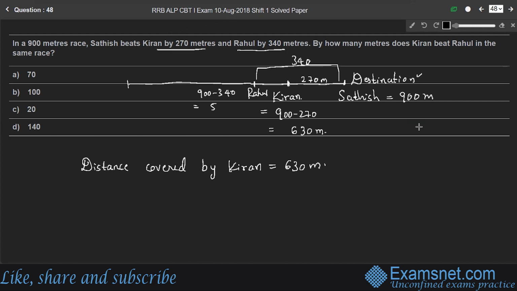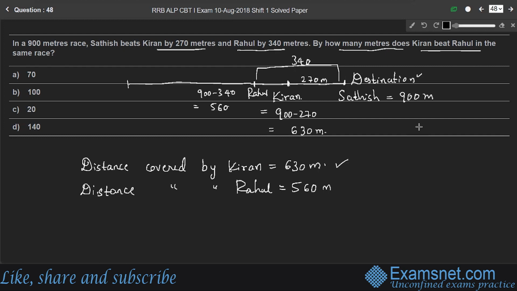Which is 560. Am I right? Therefore, distance covered by Rahul is 560 meters. What is asked in the question? By how many meters does Kiran beat Rahul in the same race?